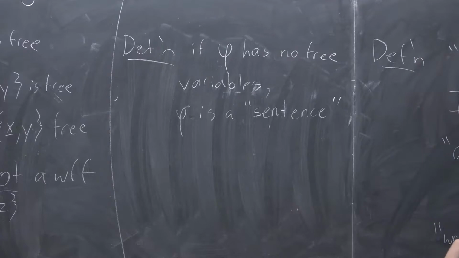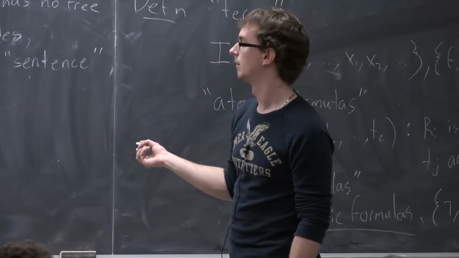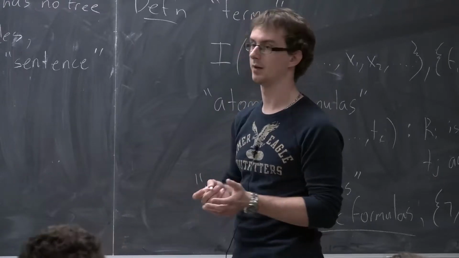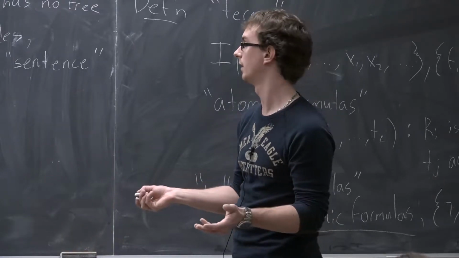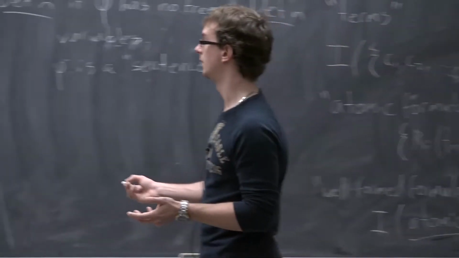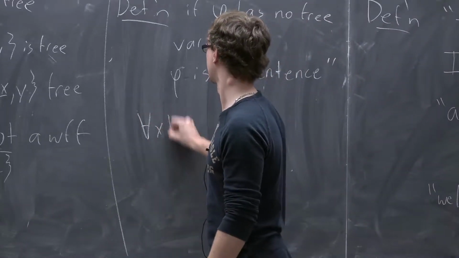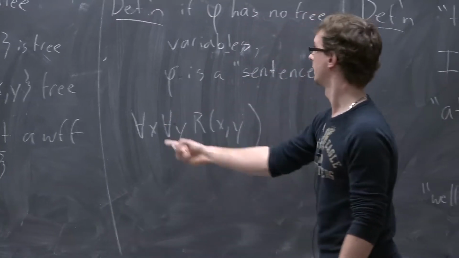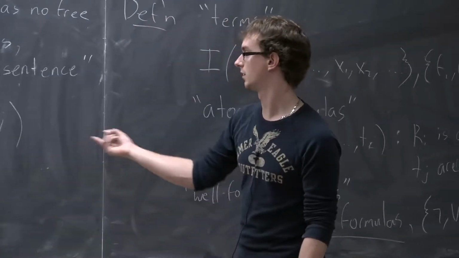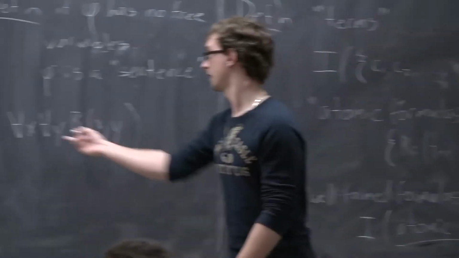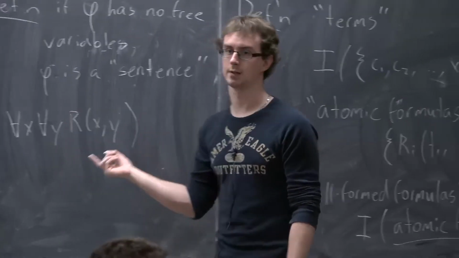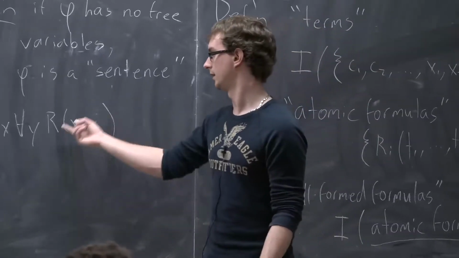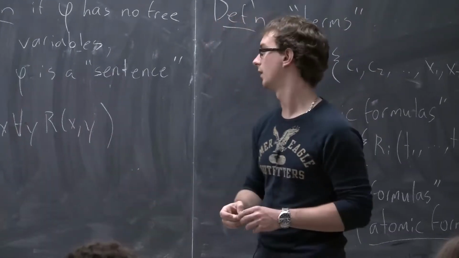And sentences are kind of the more interesting formulas in a sense, because they're the ones that we can say things about without knowing anything about the contents of our variables. So for example, this would be something like for all x, for all y, Rxy. This is an example of a sentence because it has no free variables. And stuff like that is interesting because if this is true, then it's basically saying that our relation isn't doing anything. It's always true no matter what for all x and y.